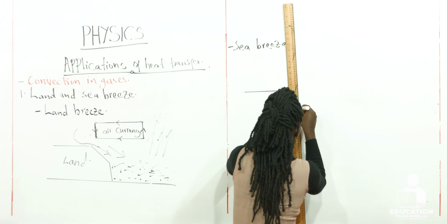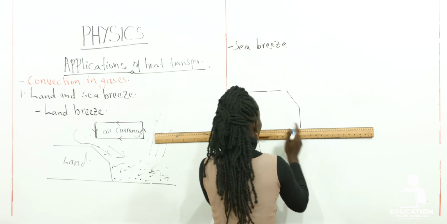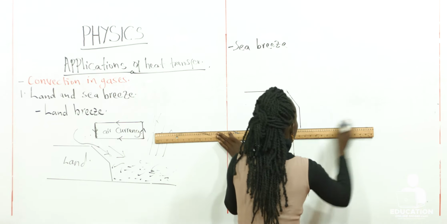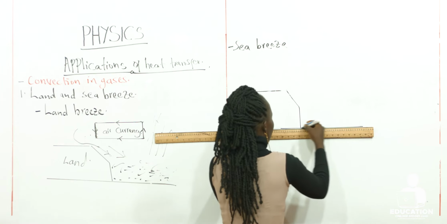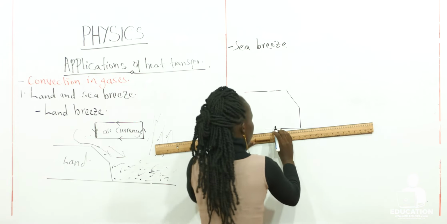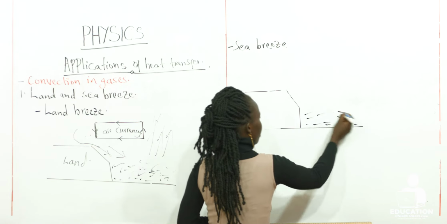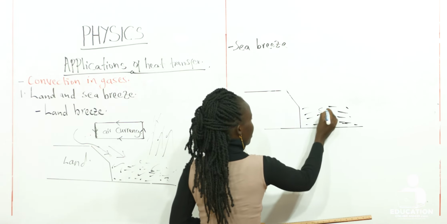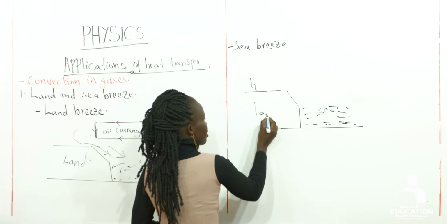We create some space for the water body, since it's supposed to be below, as we said previously. So this is still our water body. We can say it is the sea, and then this one is the land.